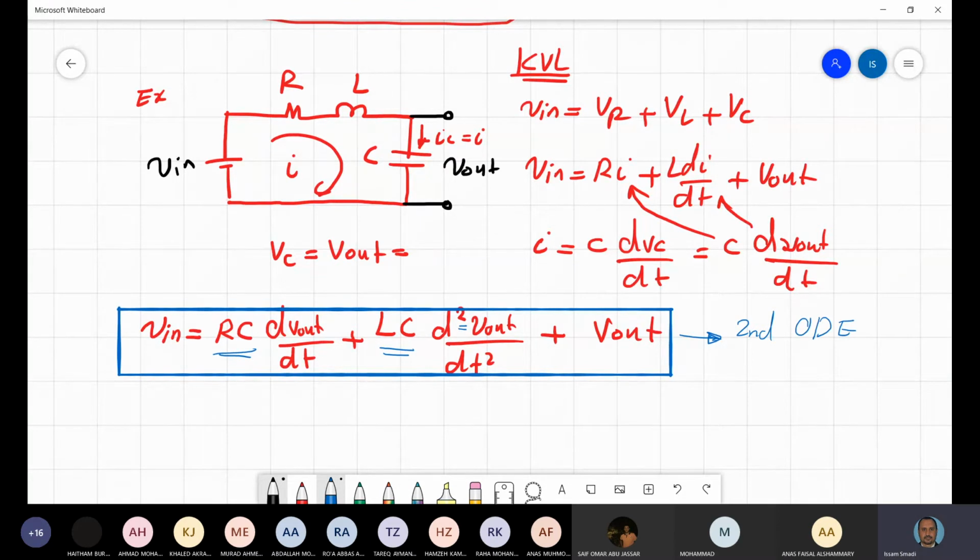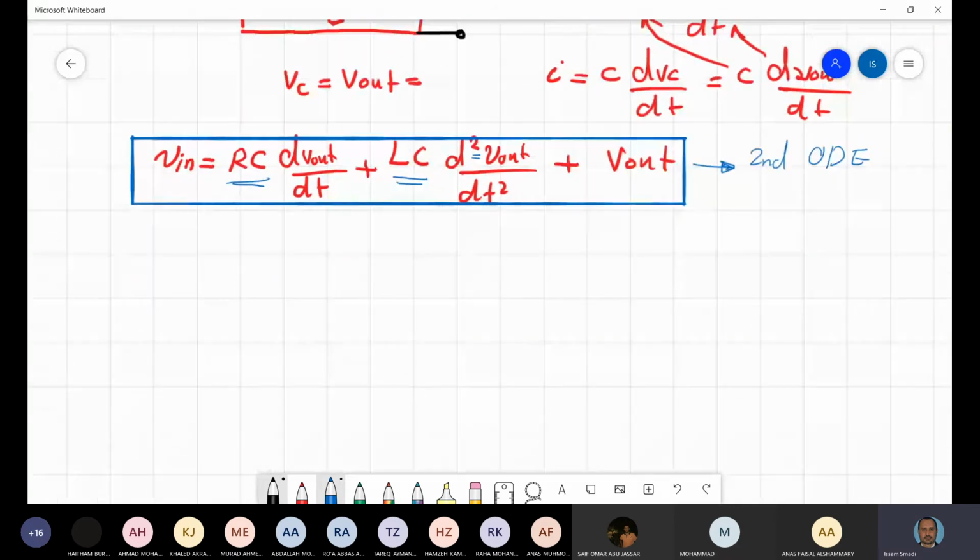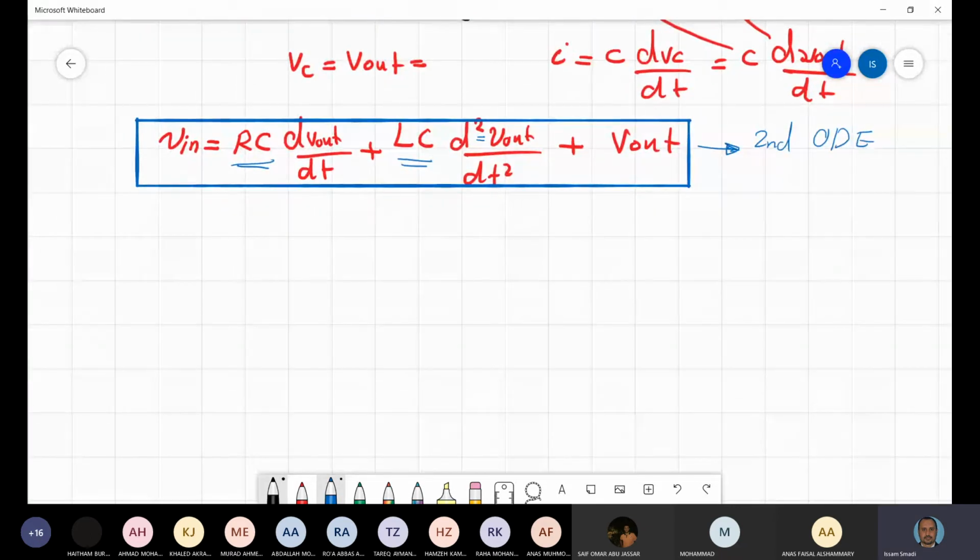Good. Now, until here we managed to find the model, yes? And we stated that we need the model in order to capture the main feature of the system, or in order to analyze the system under specific excitation, under specific input.